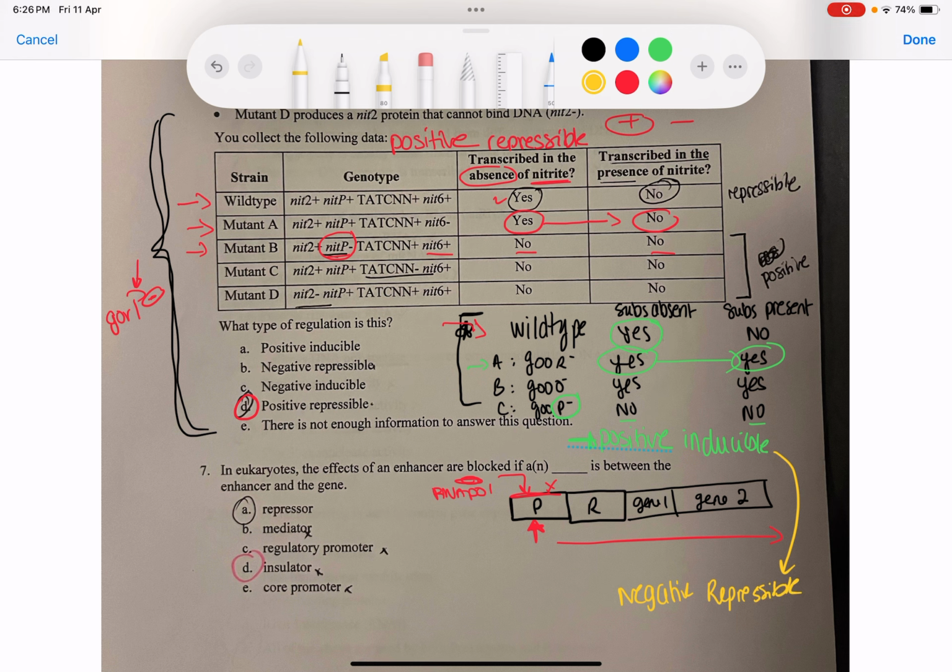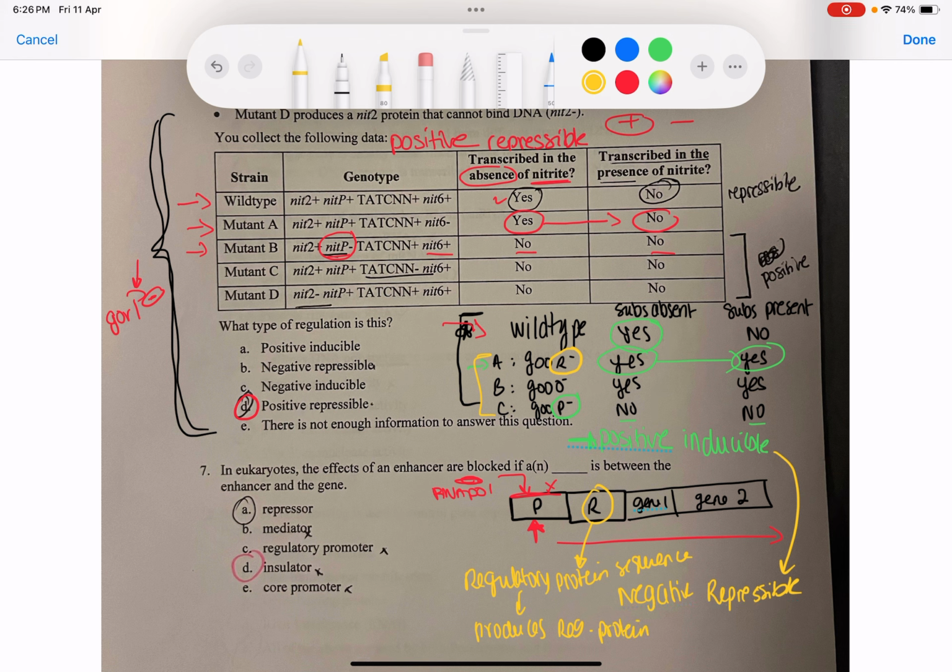If you look at the mutations here, I noticed that in mutant A, I have a mutation at the site R. And I did put a picture in the PDF that has the remarks. Sequence R is the regulatory protein sequence, and it produces my regulatory protein and dictates what my regulatory protein does.